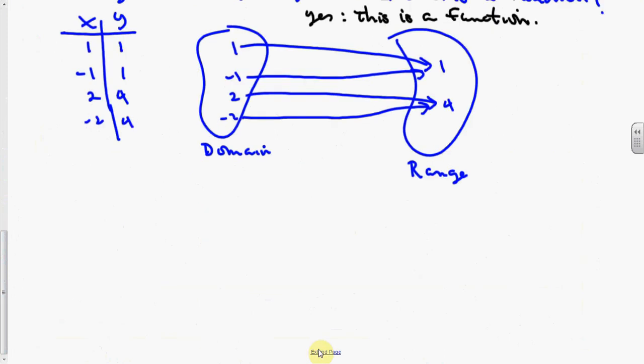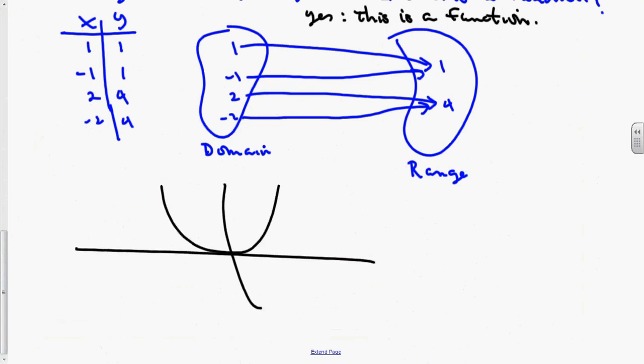You recall that we said that a function has an inverse if it's one-to-one, right? And you would use the so-called horizontal line test to determine whether or not it's one-to-one. But to determine if it's a function, you use the vertical line test.